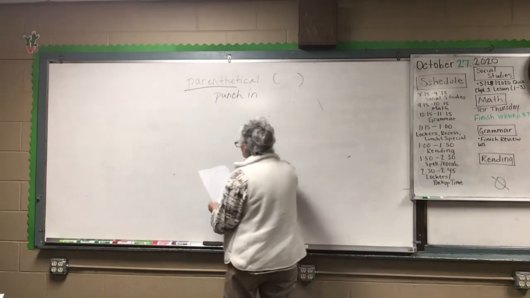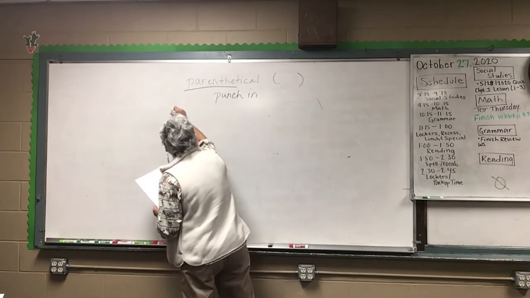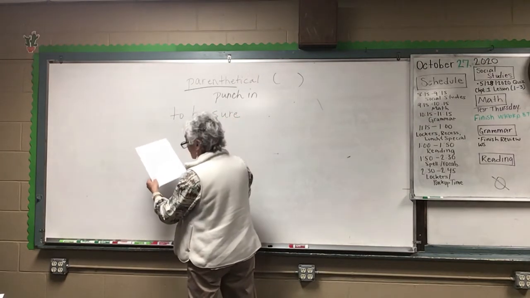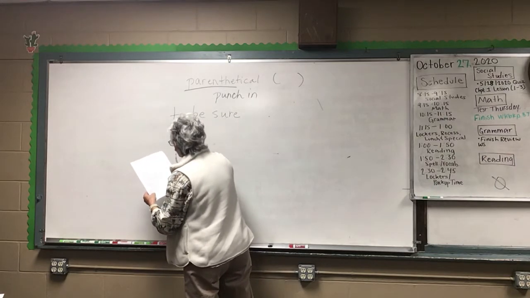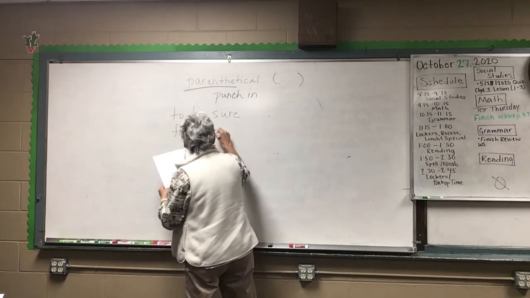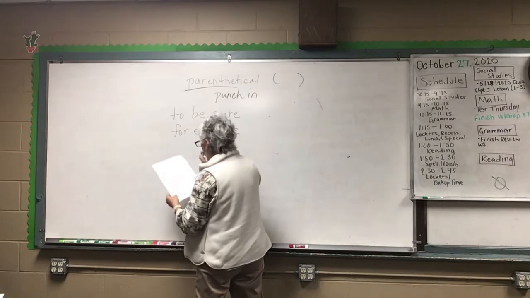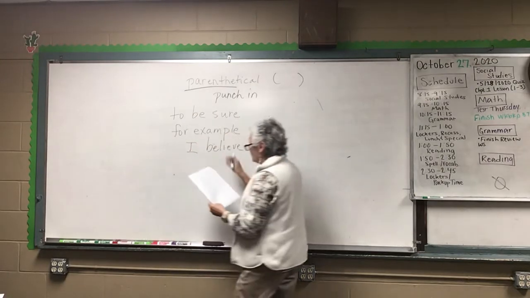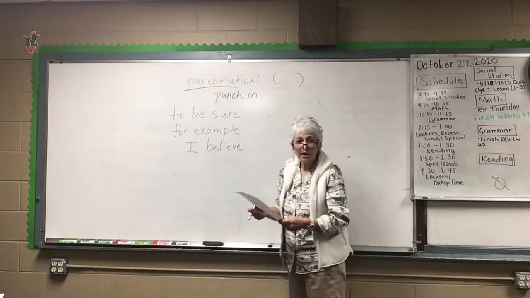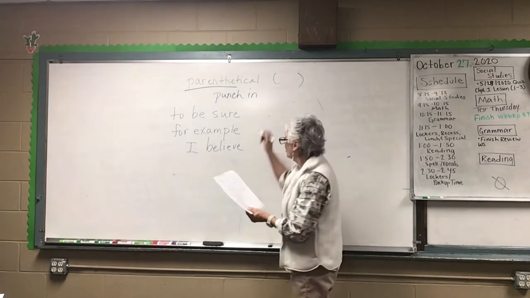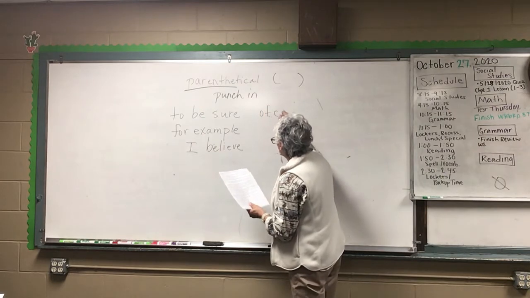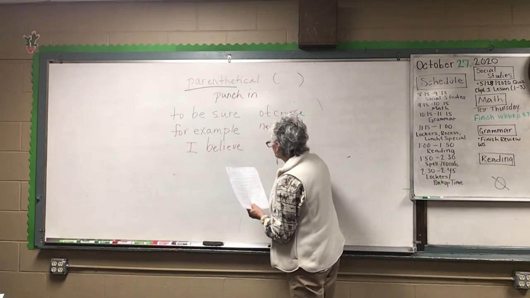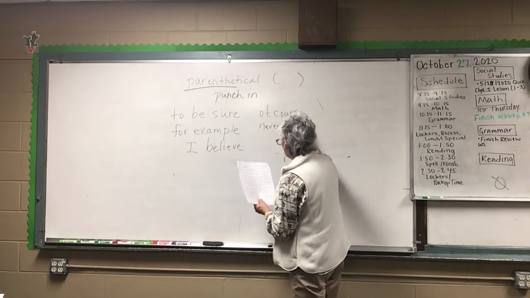So, here are some. If you look on your sheet, for example, to be sure, I believe, this one is used a lot, these are common parentheticals. Of course, very common one. Nevertheless, very common.